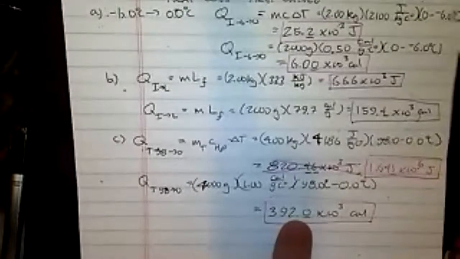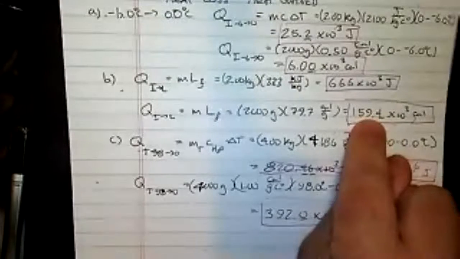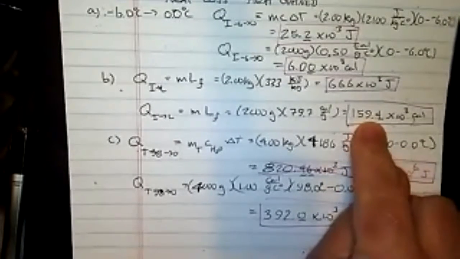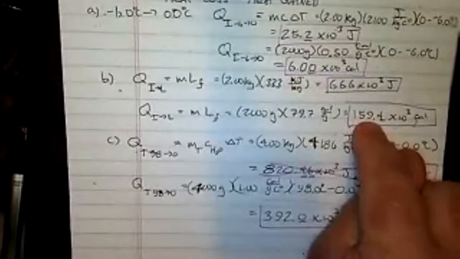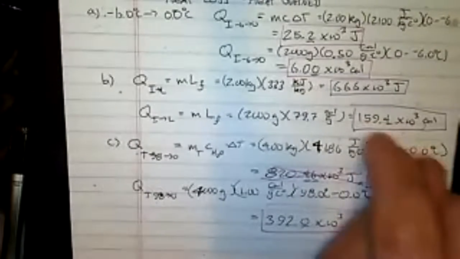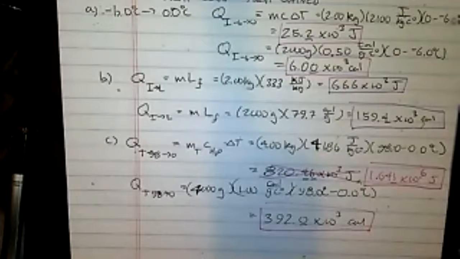So clearly, if I compare that 392,000 to the 159,000 plus the 6,000, obviously I'm looking at about 165,000. So that's not nearly enough calories to be burnt, and melting the ice and bringing the ice up to 0 degrees Celsius to get this anywhere near what we need.